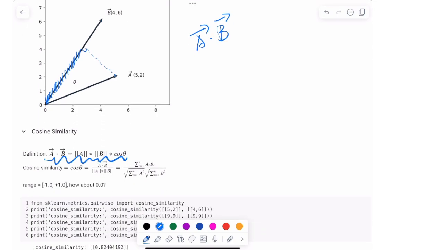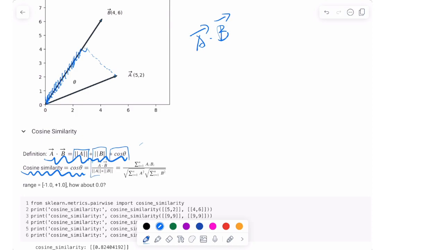So here is the definition. We have A dot B, and the definition is the length of A, times the length of B, times cosine theta. If this number is larger, that means A and B are closer. This is how we evaluate the similarity of vector A and vector B, which is called cosine similarity.